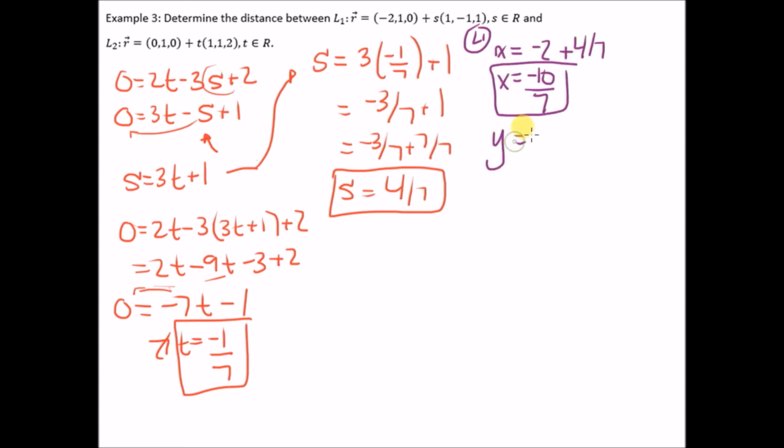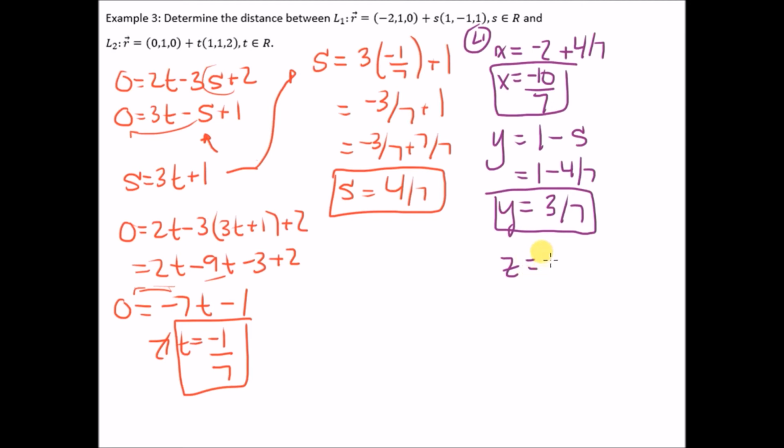For the y value, I get 1 minus s, which is 1 minus 4 over 7. So I get 3 over 7 for the y value. And for the z value, I get 0 plus 1s, so I just get 4 over 7. Okay, so the point that I get for line 1 is negative 10 over 7, 3 over 7, 4 over 7.